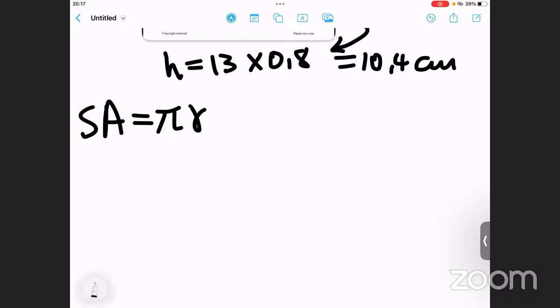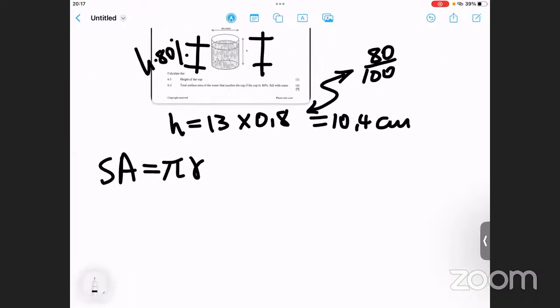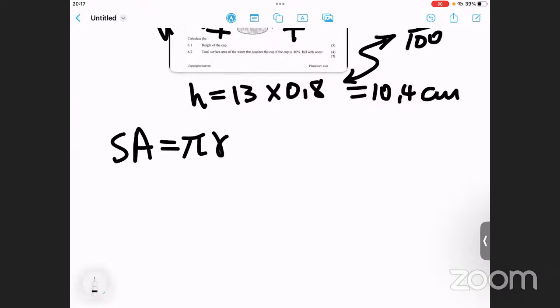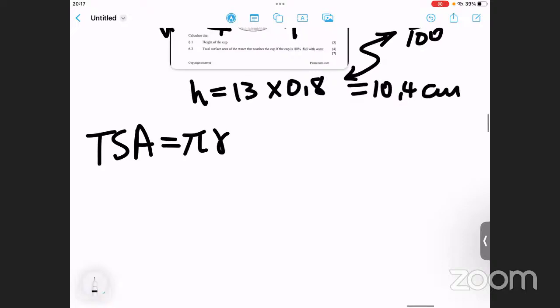Let's say the total surface area equals the bottom, then we add it to the curved. It's actually pi r to the power of 2 plus 2 pi r multiplied by height.